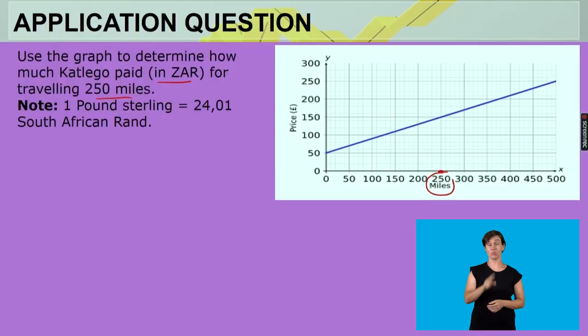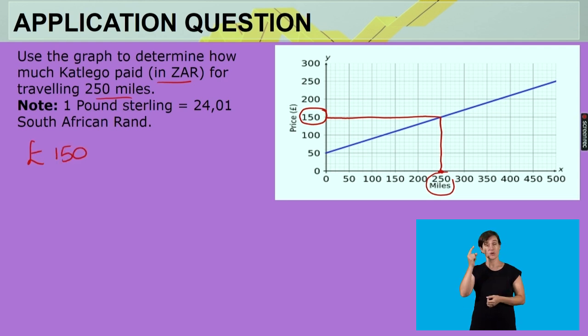Okay, so for 250 miles, there we go, intersect there, now I'm going to move left. So meaning in the UK, in Manchester, he paid 150 pounds. We would like to know how much he paid in South African Rand.